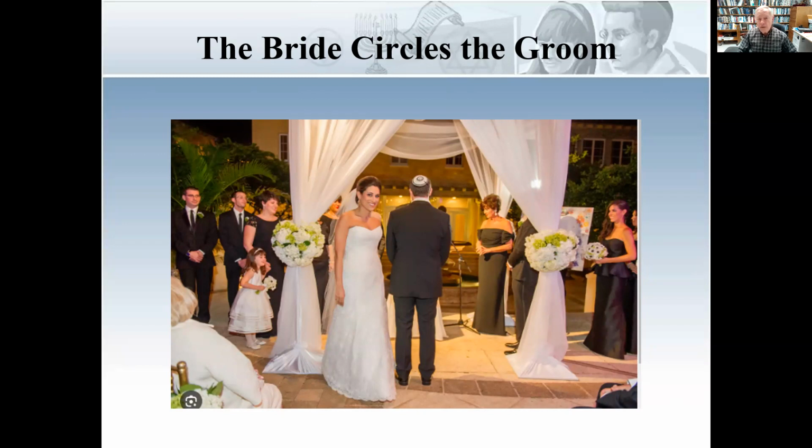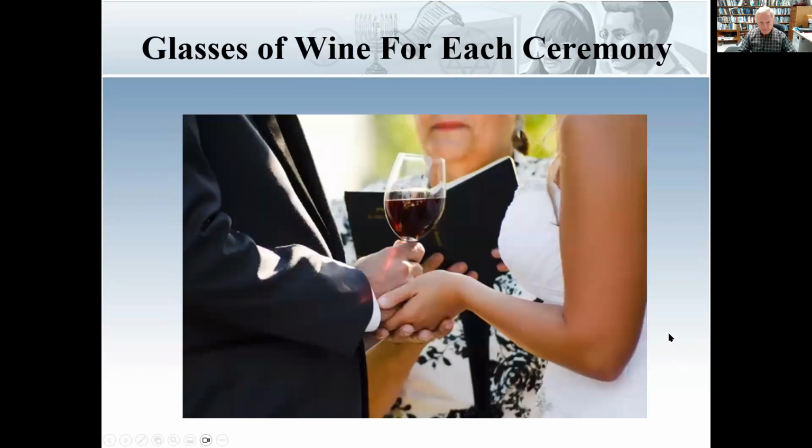And I often like to comment that just as God created the universe in 7 circuits, so too this couple creates their own universe with 7 circuits. If they want to take a more egalitarian approach, the bride can circle the groom 3 times, the groom can circle the bride 3 times, and they can circle each other once, or any combination thereof.